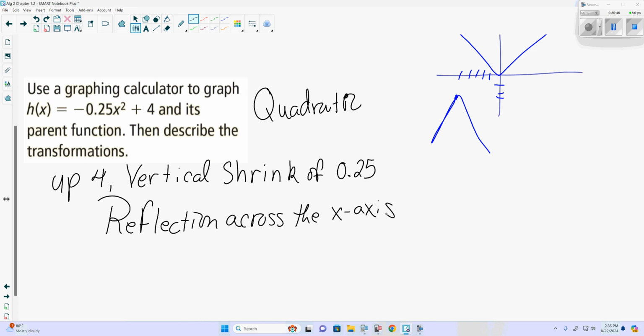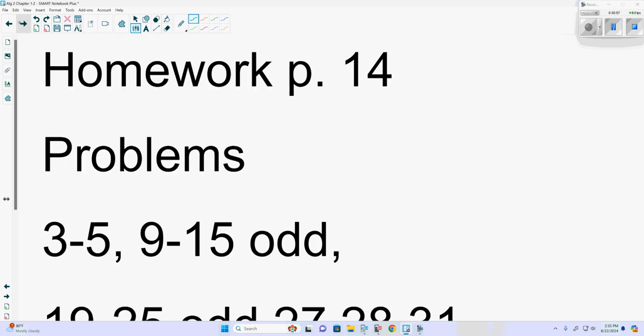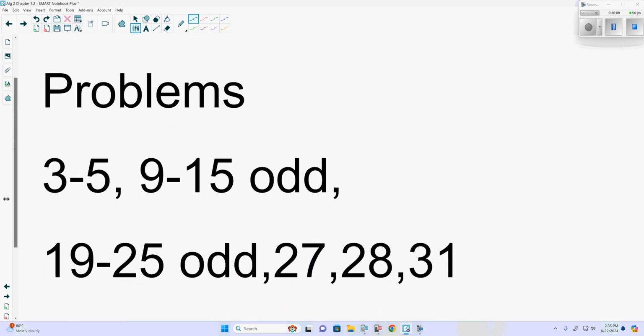I can have a vertical stretch of pi. Possible. But we're going to stick to our rational numbers for the most part. That's it. That is the end of 1.2.